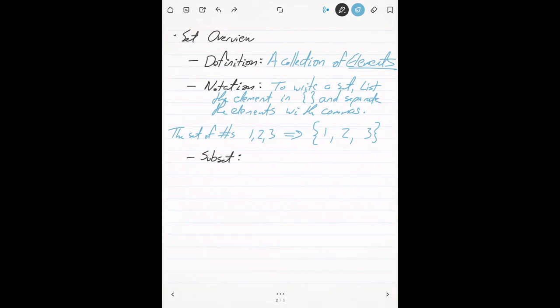Now that we've defined sets and have a framework of understanding of what they are, let's shift into talking about subsets. Subsets come from sets.